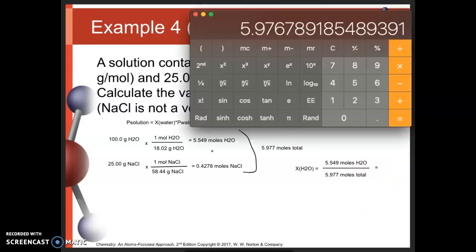To 4 significant figures, 5.549 divided by 5.977 is 0.9284.